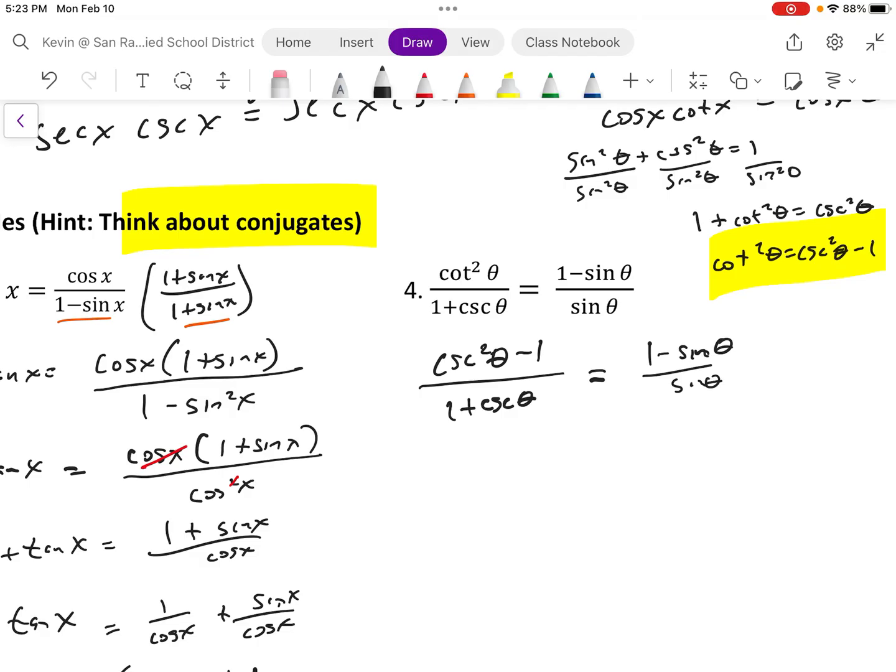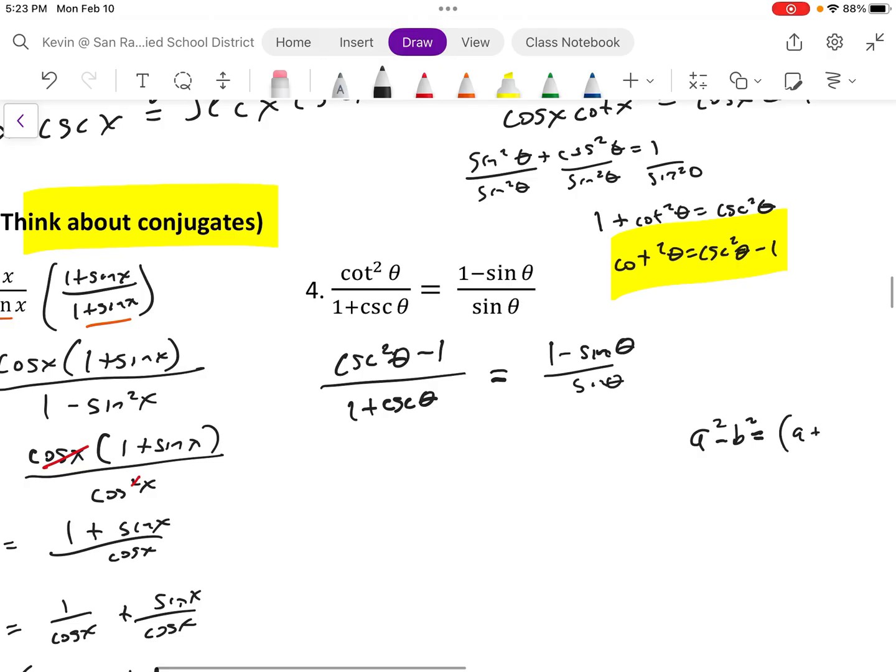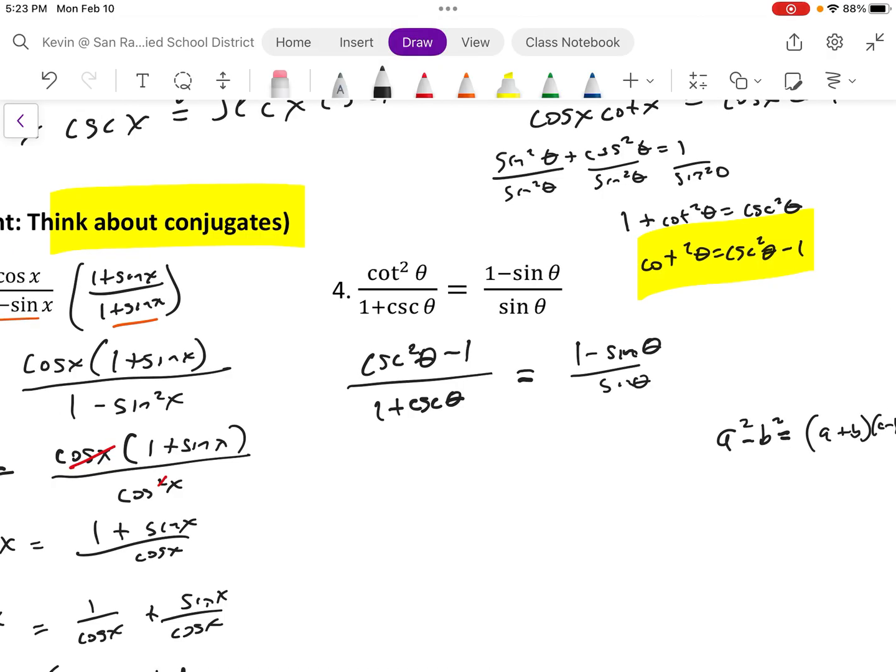Now, the difference of squares: a squared minus b squared equals a plus b times a minus b, right? So I can rewrite this as cosecant theta minus 1 times cosecant theta plus 1, since it's cosecant squared theta minus 1, over 1 plus cosecant theta.